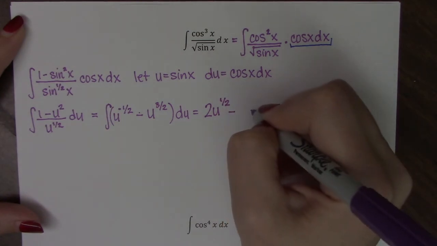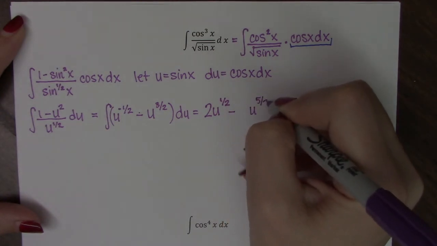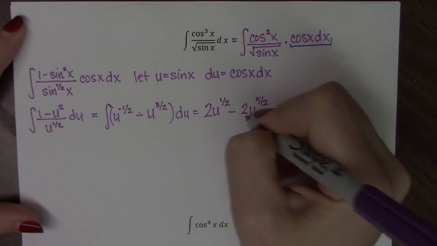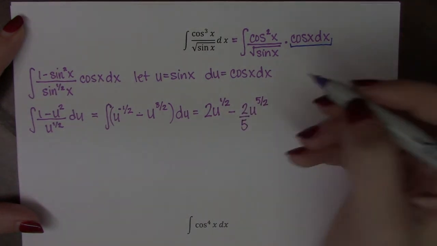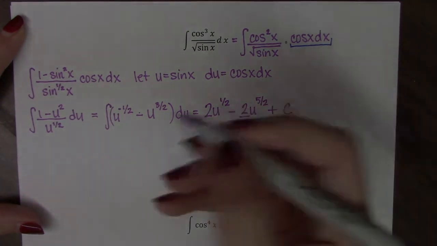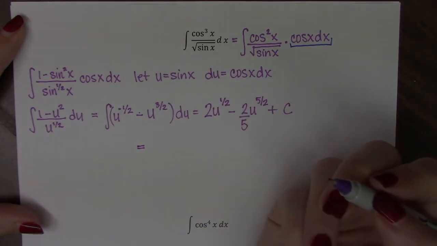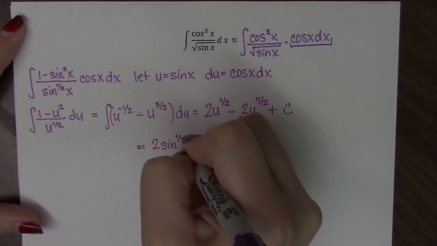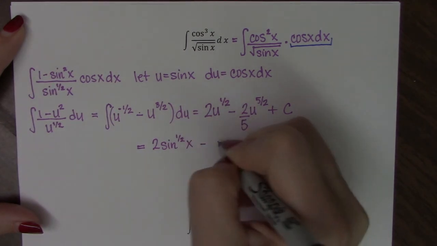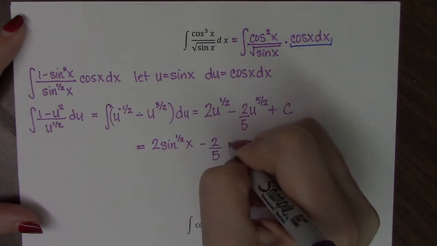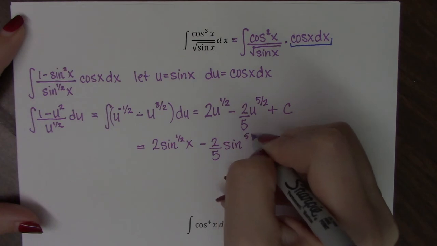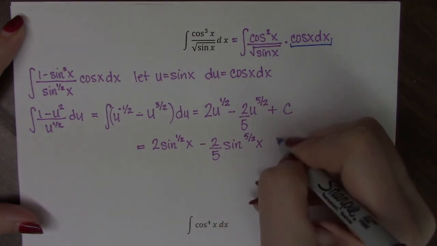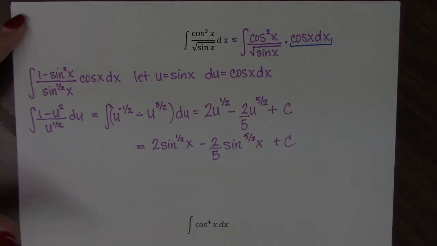And then I'll have u to the 5/2 divided by 5/2, which means it's really multiplied by 2/5, plus c. And when I replace u, which is sine of x, I get 2 sine to the 1/2 x minus 2/5 sine to the 5/2 x plus c.